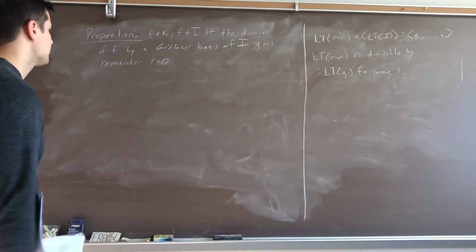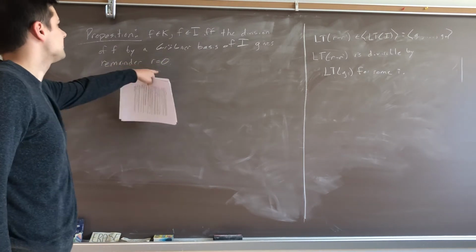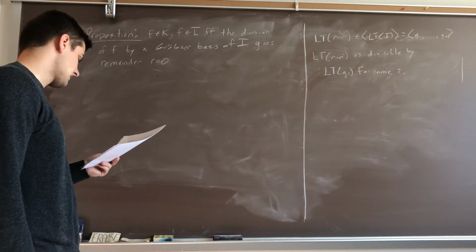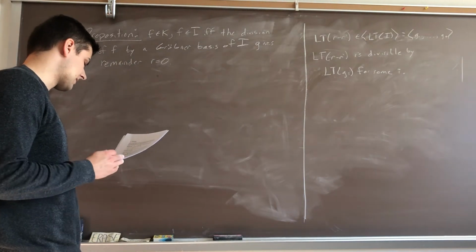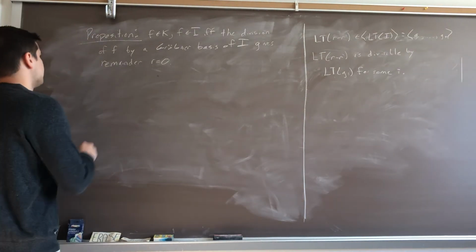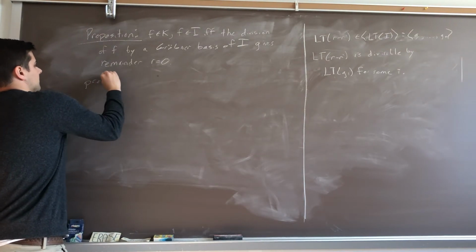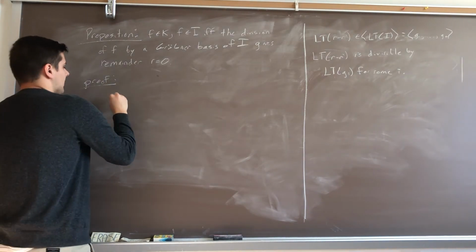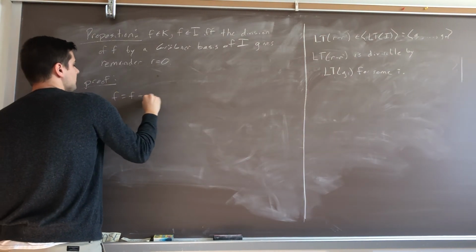Okay, so it's pretty obvious that if r is 0, then the function is in I. And then if f is in I, then we know that f equals f plus 0.